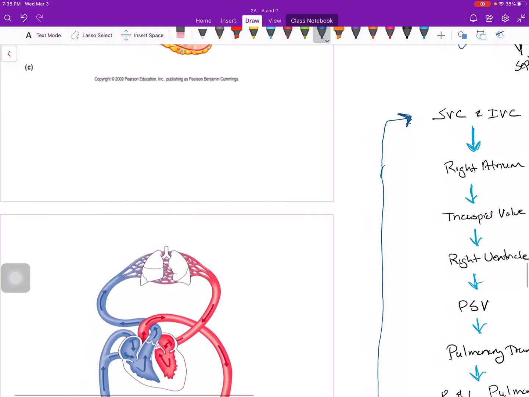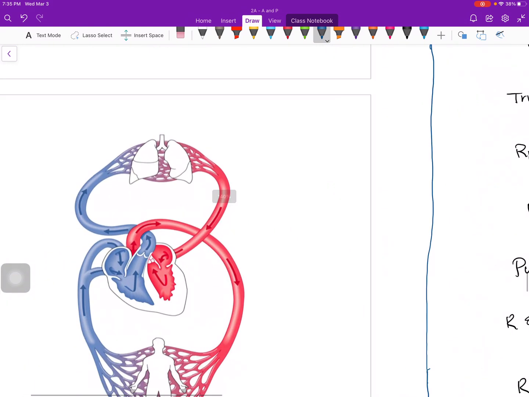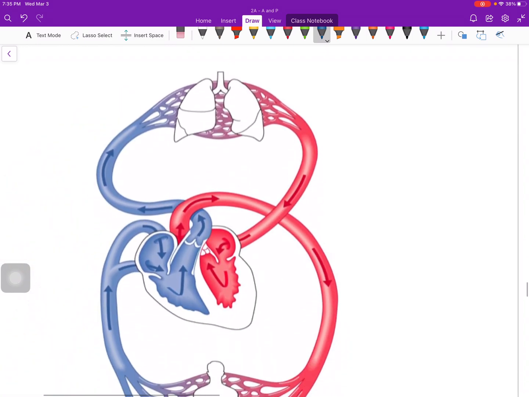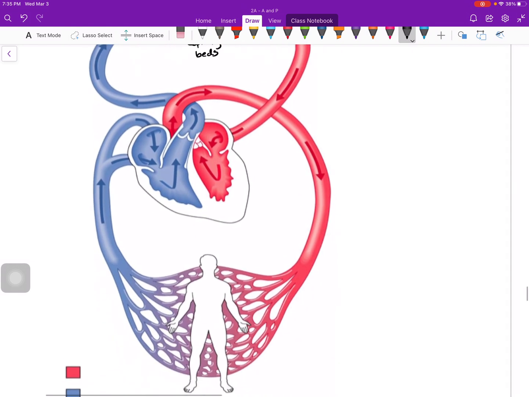All right, so over here, guys, you can see these are capillary beds right here. So I'm just going to write capillary beds, because gas exchange happens in the capillaries. Those are the very tiniest vessels that are only a single cell thick, made of simple squamous epithelium.